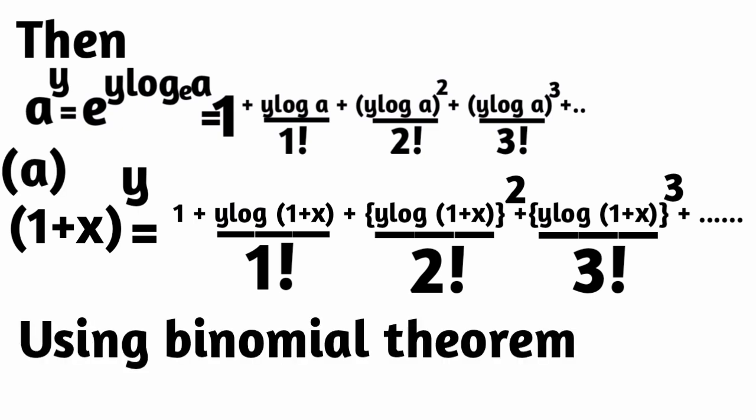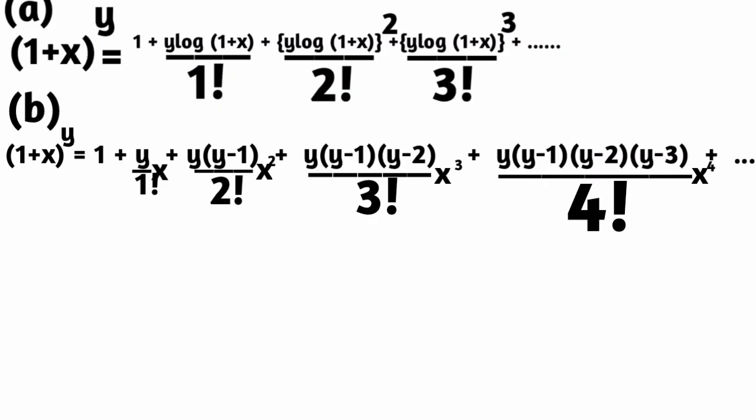By using the binomial theorem, (1+x)^y is equal to 1 + y x/1! + y(y-1)x^2/2! + y(y-1)(y-2)x^3/3! + y(y-1)(y-2)(y-3)x^4/4! and so on for the next terms.